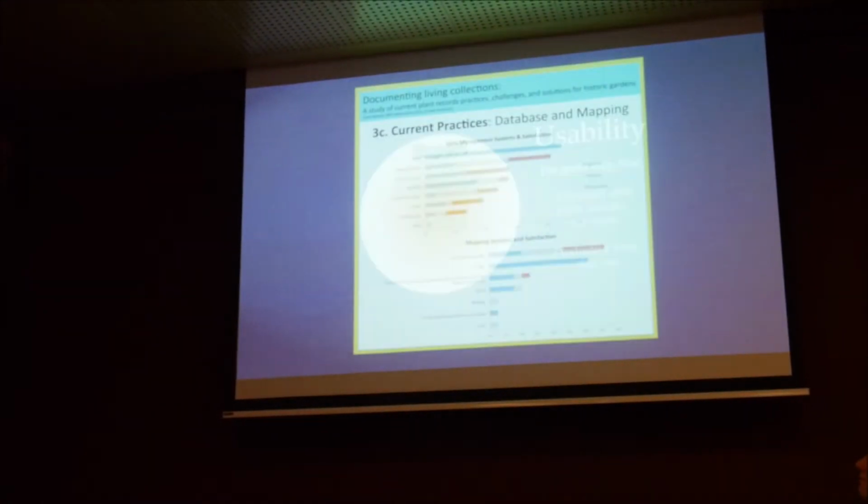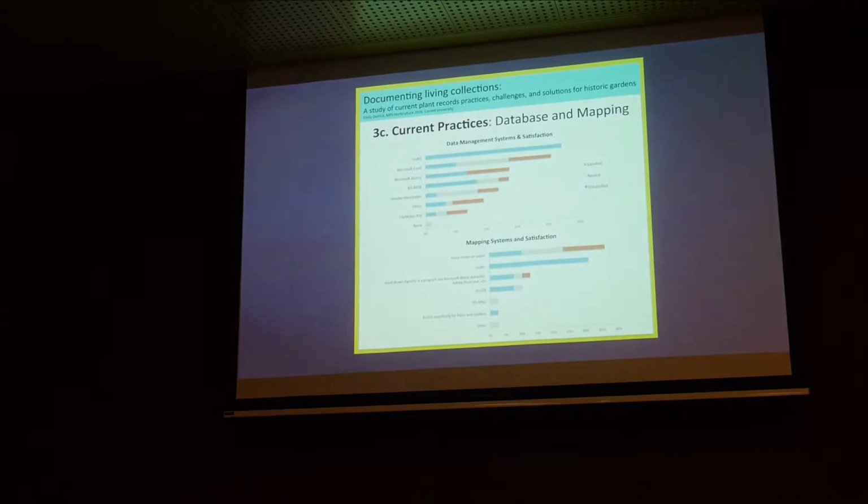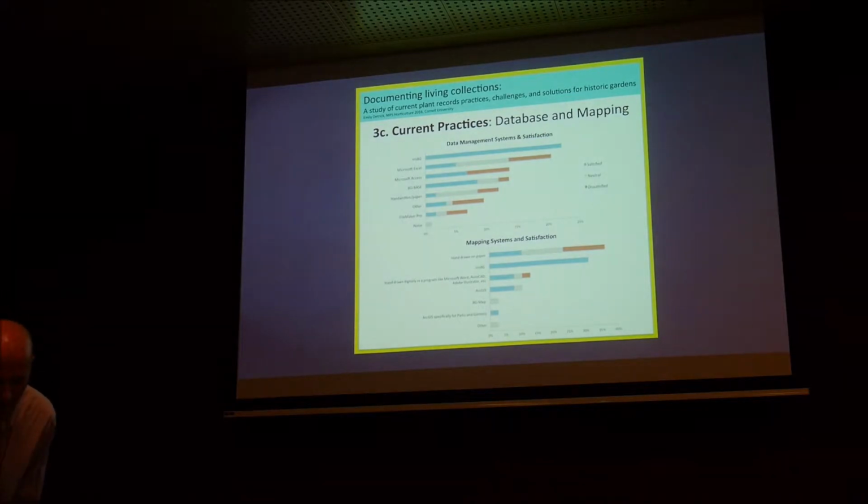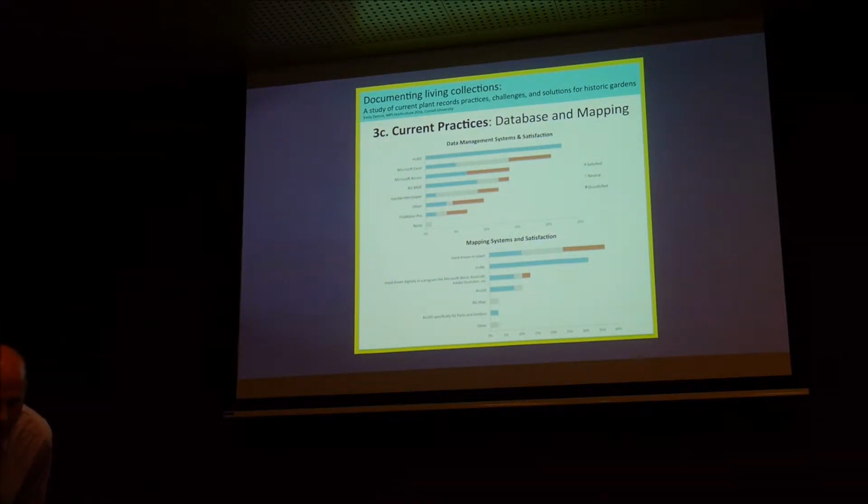I brought this up so we're not just saying it's useful. There's someone that's done a study on this, which was very good for us. Anyway, this was Emily Diedrich. She did research at Cornell on the study of current plant record practices, challenges, and solutions for historic gardens, and they did satisfaction scores.